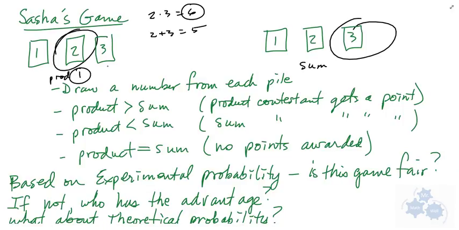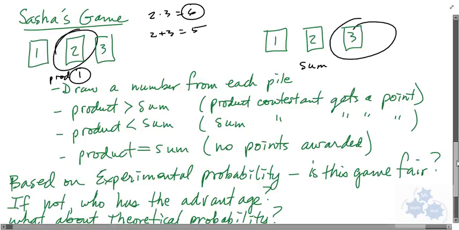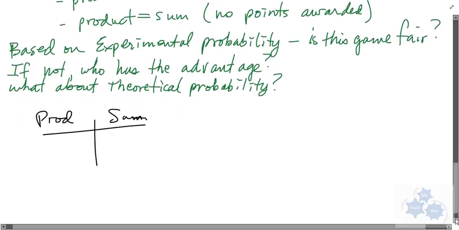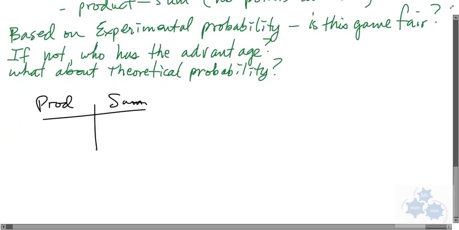You did this 10 times, and I want to know from each group now who won the game, the product person or the sum person. So let's just make a chart here, product and sum, because remember, it's experimental probability, so we might not all get the same answers, but let's just see overall what the general trend is here. Okay, group 1, or you guys didn't actually play it properly, did you?